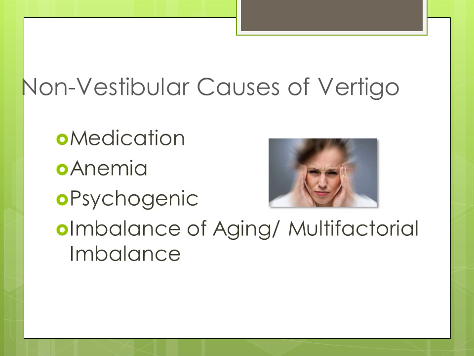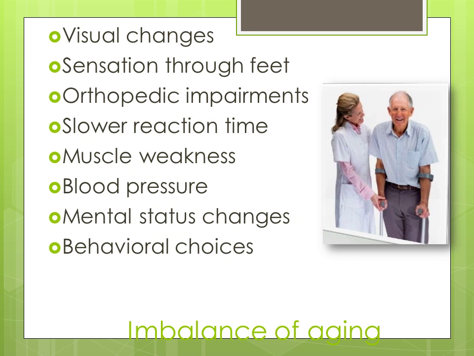Also, imbalance of aging or multifactorial imbalance can happen to our older adults who are having multiple systems that provide input to their balance start to fail on them. Here's what happens when you have imbalance of aging. All these different systems can be impacted. People can have visual changes. They can have loss of sensation in their feet.